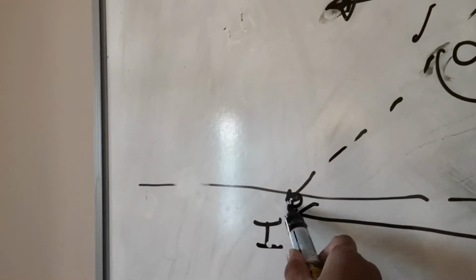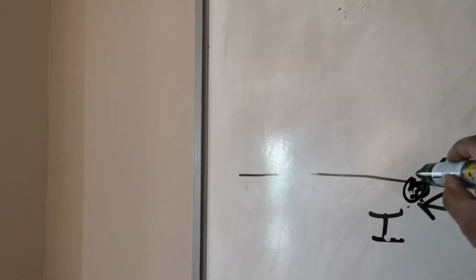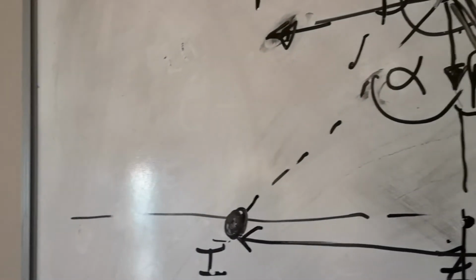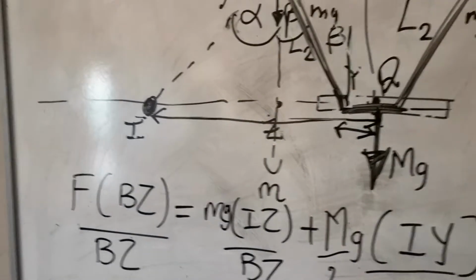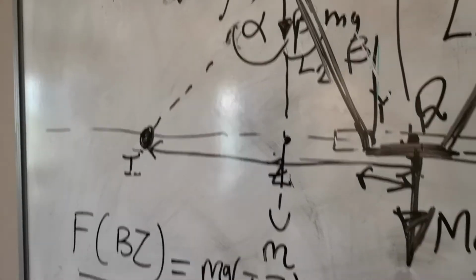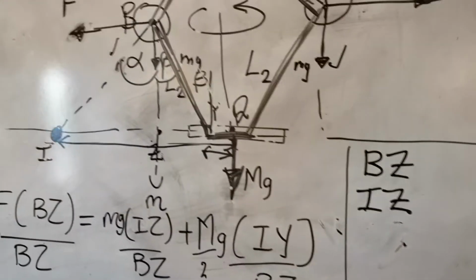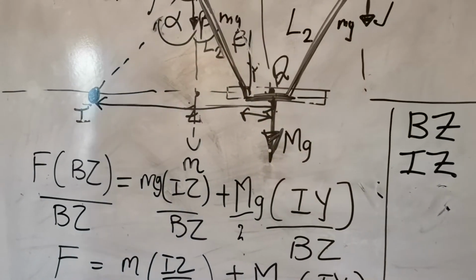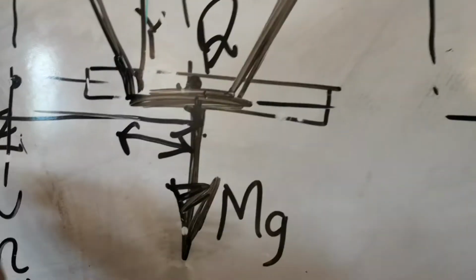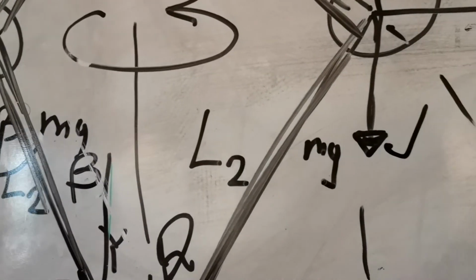I need from here to here because I'm taking equilibrium at this point. So at this point, the force times the perpendicular distance is from here to here. That's the trick. If you take it from here to here, then you don't have to divide it by 2 anymore. No, you still do, it's half of the mass on this side. I can apply equilibrium at the points over here.